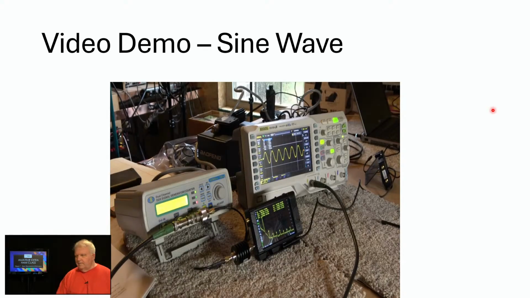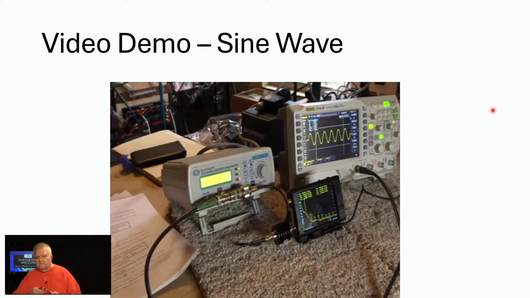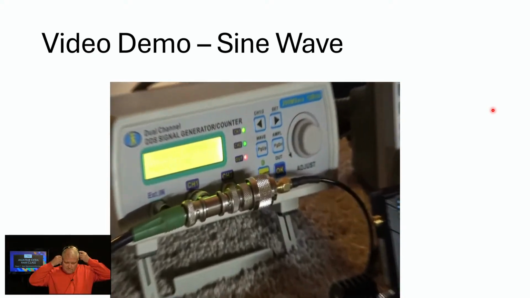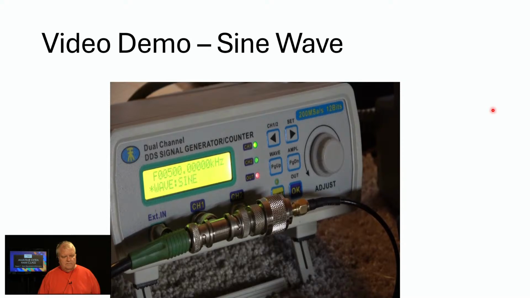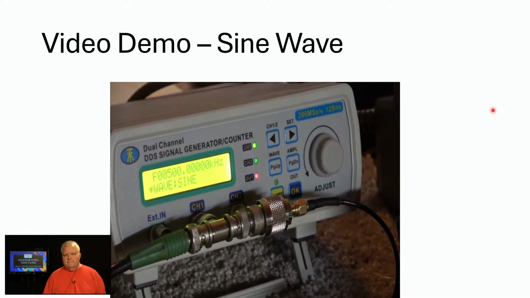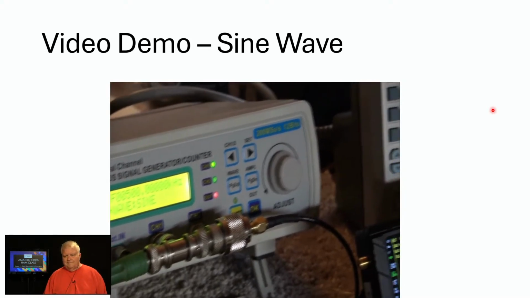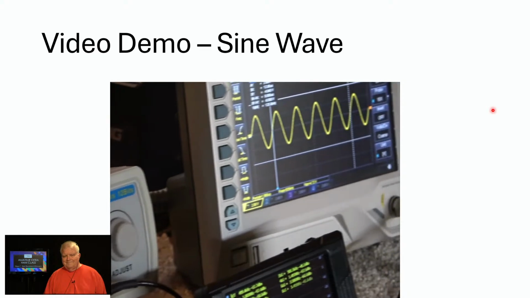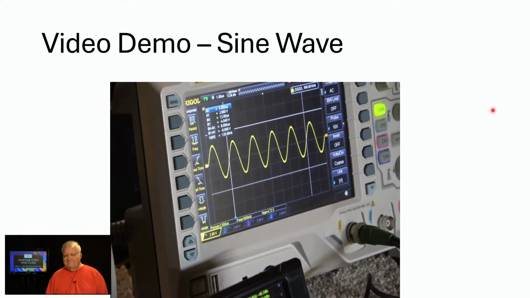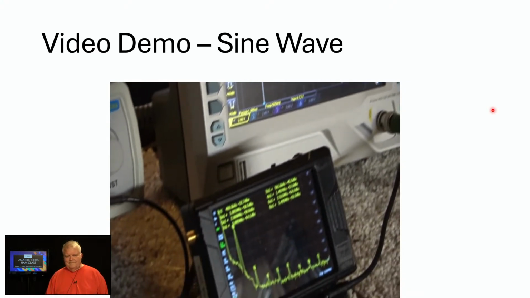So here we are in the workshop. This is our first test setup. We have the generator, which is right here on the left-hand side, set up for a 500 kilohertz sine wave, and it is feeding both my oscilloscope, you can see the sine wave, and the spectrum analyzer.